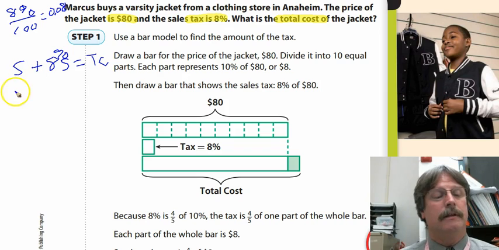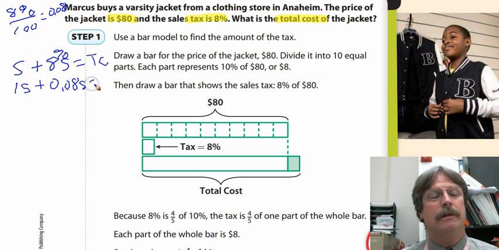Then this is going to be 1S, because remember this is 100%, plus 0.08S, and if we add those two together, that's 1.08S.